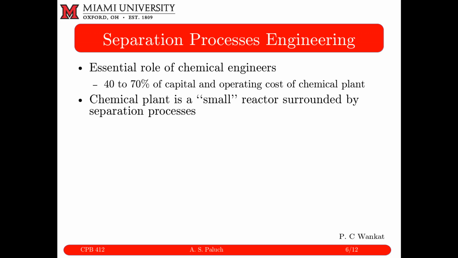And if 40 to 70% of the capital and operating costs are rooted in separations, it stands that if I am really good at separations, if I have a really good understanding of the underlying thermodynamics, any small improvement I can make to that separation could lead to a huge cost savings for your company. I have this stat here for traditional chemical industries, but even for biological industries and other applications, separations are still going to be really important.